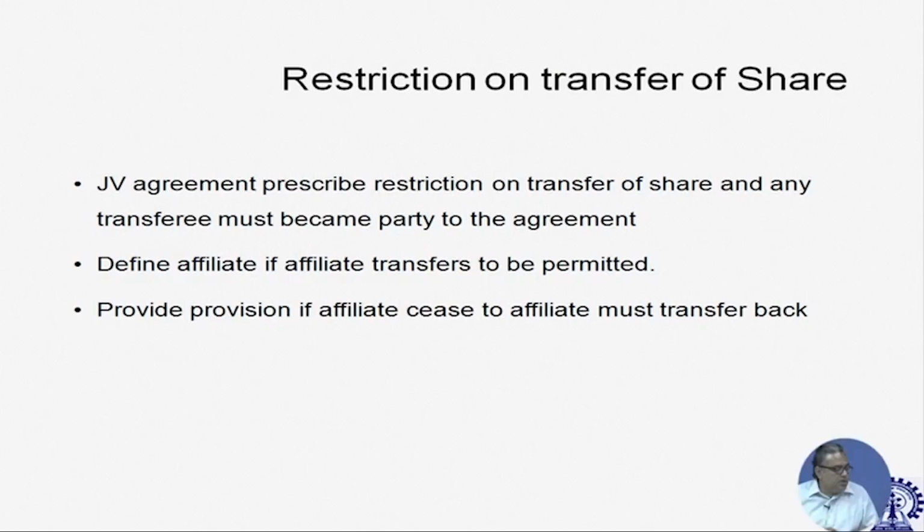Next issue is, if the affiliate ceases to exist. That means you have a strategic alliance partner who was the affiliate in this particular joint venture, and because of his status as an affiliate he acquires some kind of controlling stake or maybe ownership in this joint venture organization, and then for one reason or another that particular affiliate ceases to be an affiliate. That means the strategic alliance with one of the venturers no longer exists.